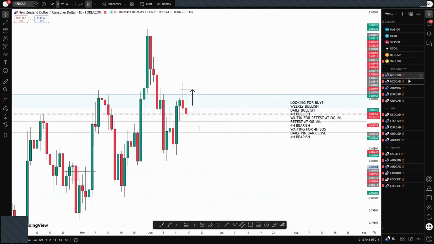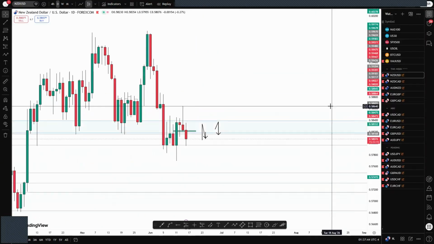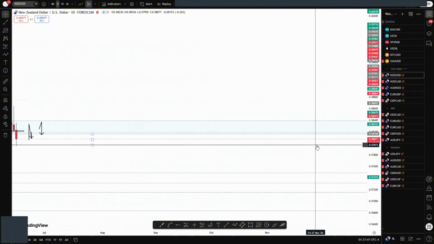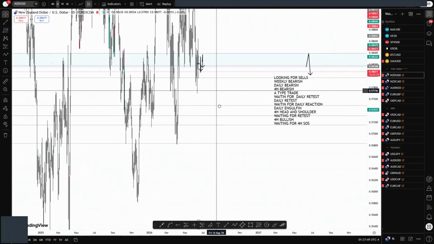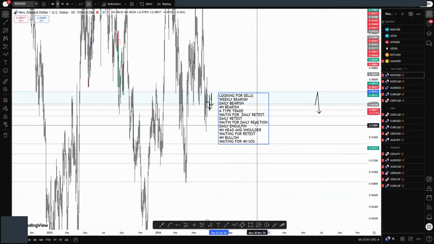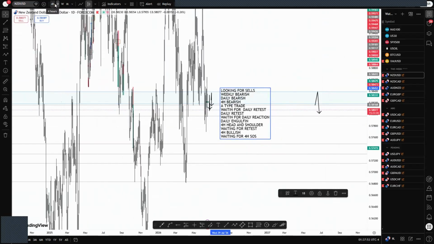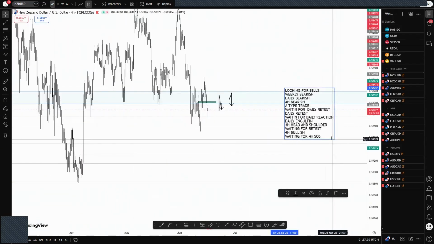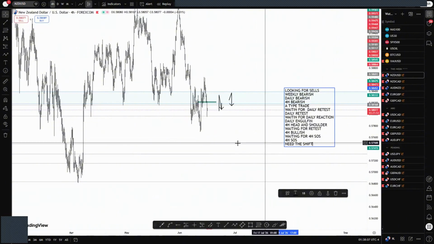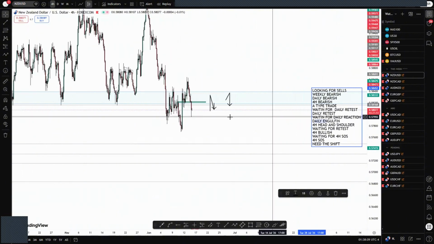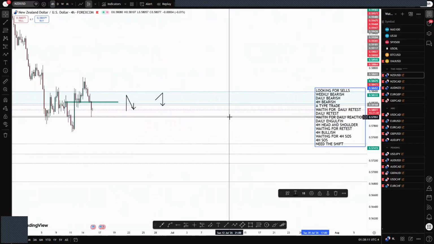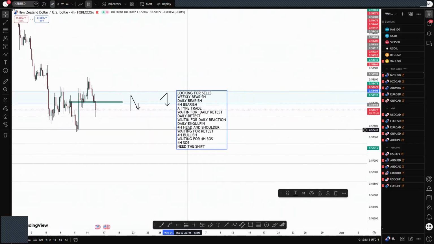The next is NZDUSD. No, we had the 4 hour shift SOS. It's a bit, but we'll see. Yeah, we'll see how price reacts to it also.